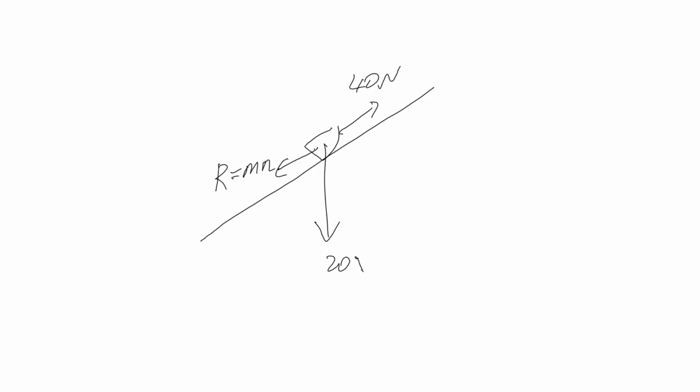So the weight is 20 kilograms times 9.8. Friction is 40 up the plane. So we just have to figure out the resultant.